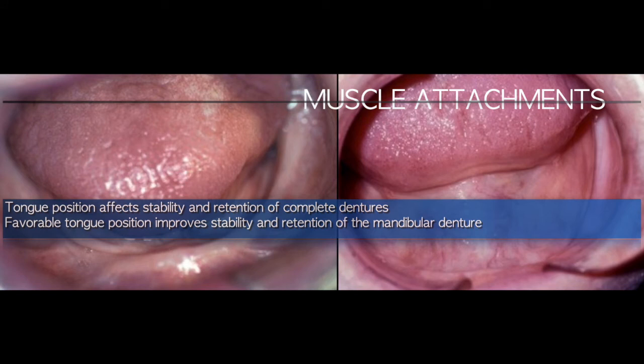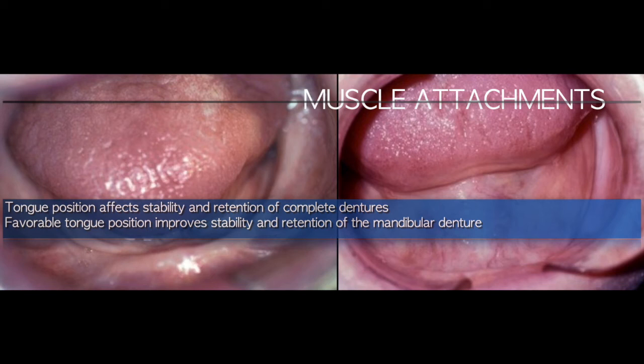Additional information about the muscle attachment is tongue position. Especially for the mandibular denture, the tongue position heavily affects the stability and retention of a complete denture.